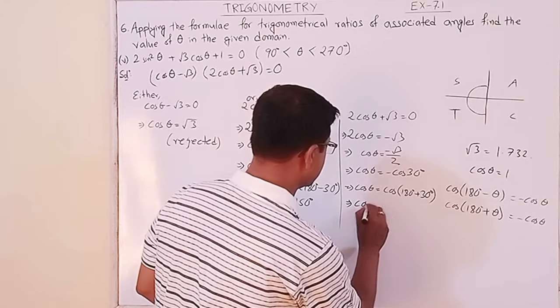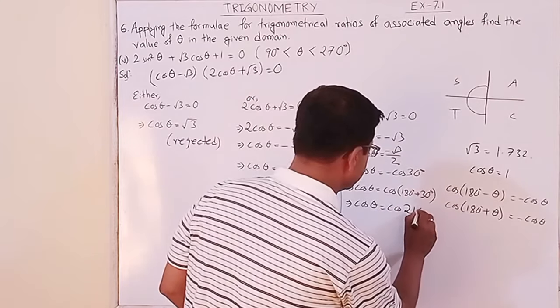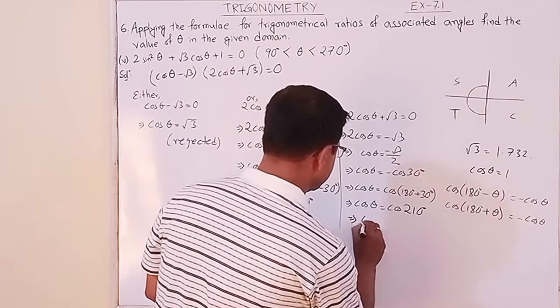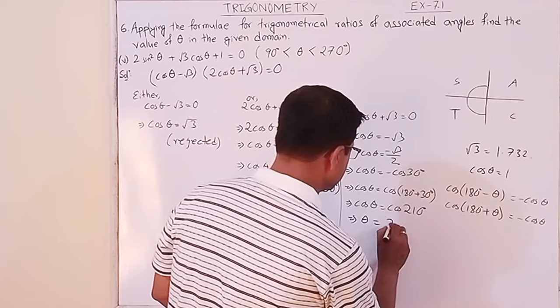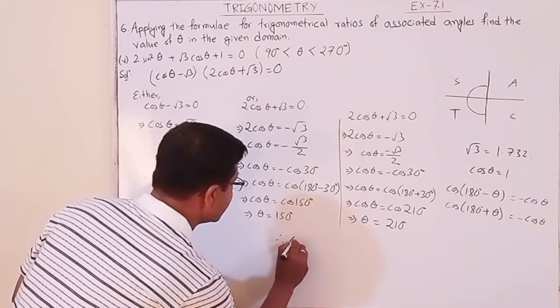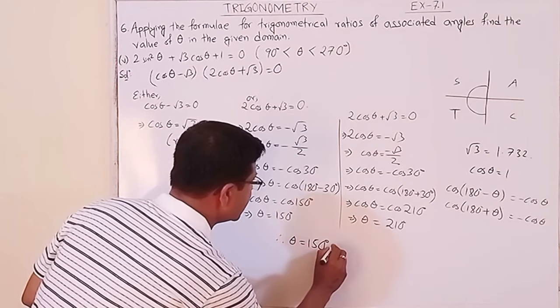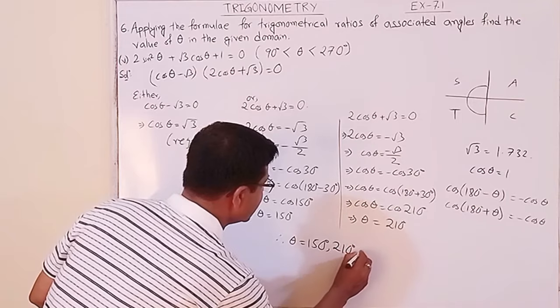The thing is very simple, isn't it? Cos theta is equal to cos of 180 plus 30, which is 210 degree. Let us remove theta. So the final solution: theta equals 150 degree and theta is also equal to 210 degree.